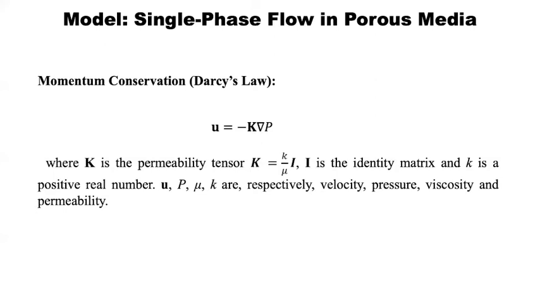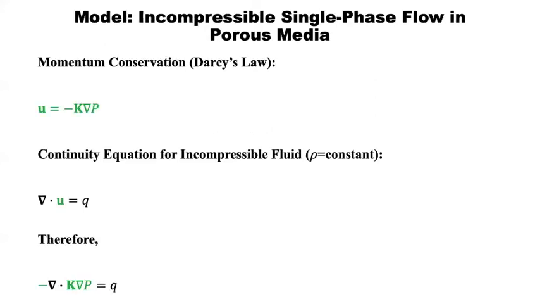The second equation will be the continuity equation, which is the divergence of velocity equals the source or sink here. I will later maybe focus on what is the difference between source and sink.